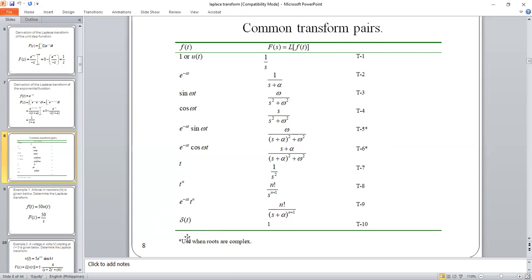This one is the Dirac delta function. It is the only function of t in the 10 functions which does not have an s in its Laplace transformation. Your Dirac delta function has a Laplace of 1. If this Dirac delta function has a magnitude, let's say for example 10 Dirac delta of t, then this will also be 10.